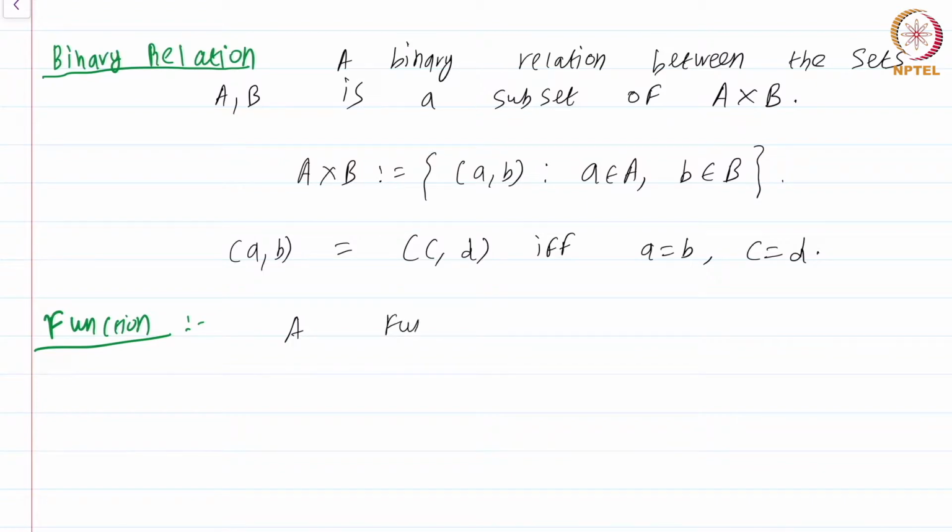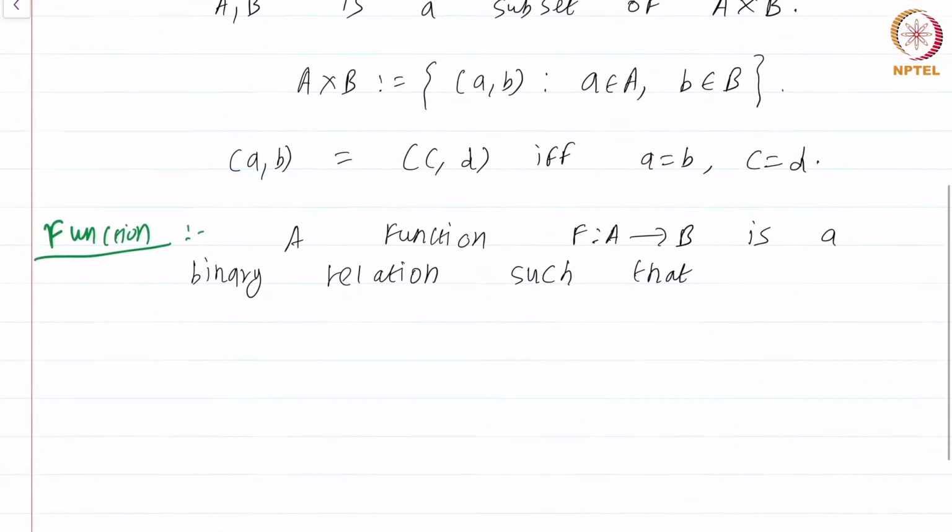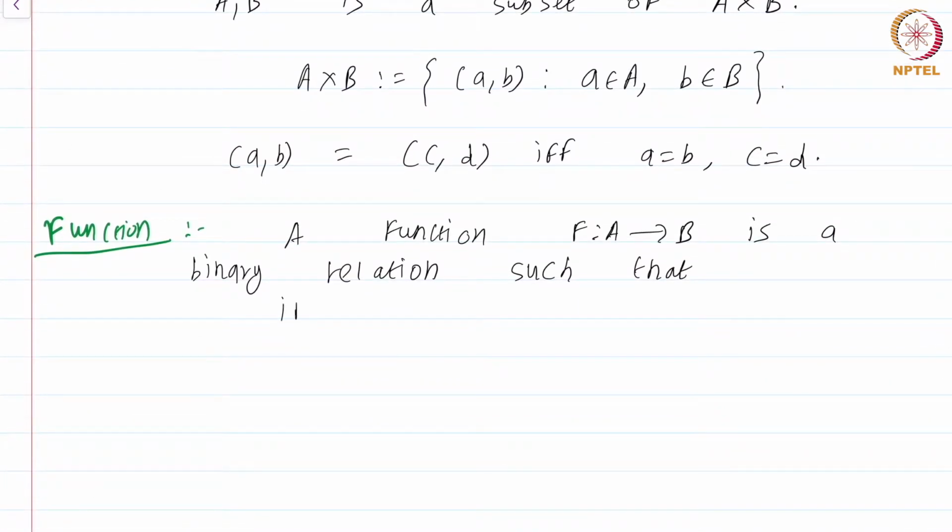A function f from A to B is a binary relation such that, let's call this binary relation R, so here also I will write R subset of A cross B. A binary relation, remember, is also going to be a set.